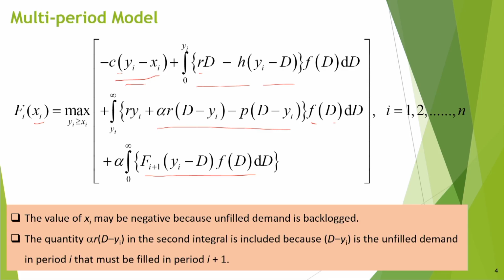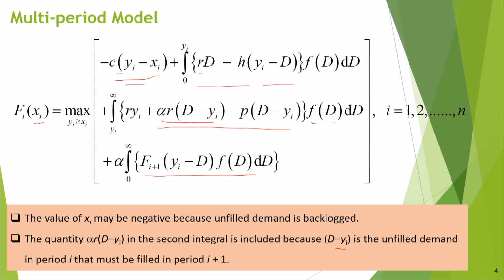Then the quantity alpha r (d minus yi) in the second integral is included because d minus yi is the unfilled demand in period i. So, suppose in period i I could not fulfill that demand because demand was d, but I had in stock only total yi.